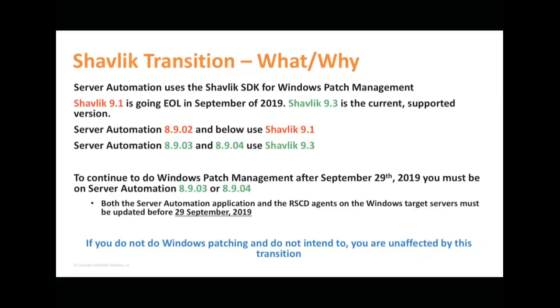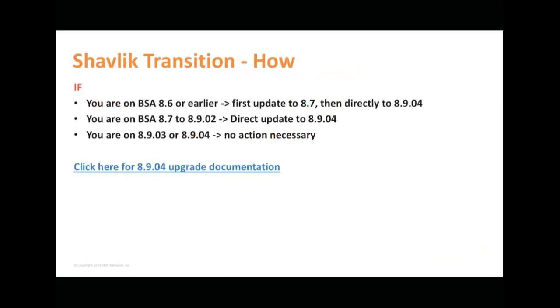All right, so let's talk about the upgrade path considering where you are. If you are on version 8.6 or earlier, which would still have the BSA name, you must first update to version 8.7, and then from 8.7 you can go directly to 8.9.04.